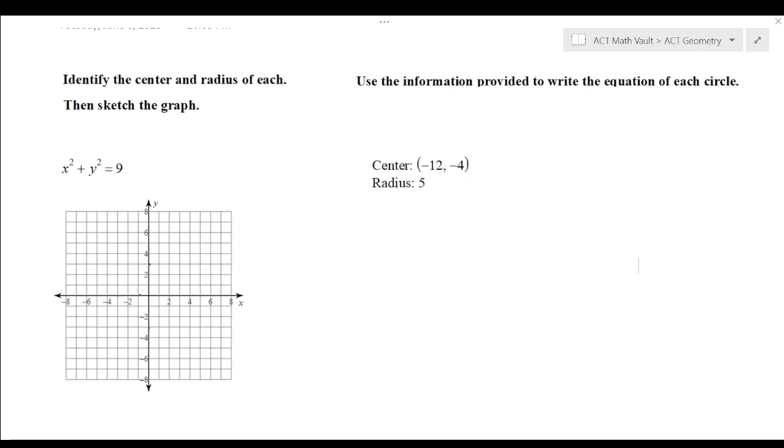So you might be asked to identify the center and the radius. You would not be asked to graph on an ACT, but perhaps you would have a graph and you'd be asked questions like, what is the center, what is the radius, what is the equation? So I picked two problems that involve a mix of all of those topics.